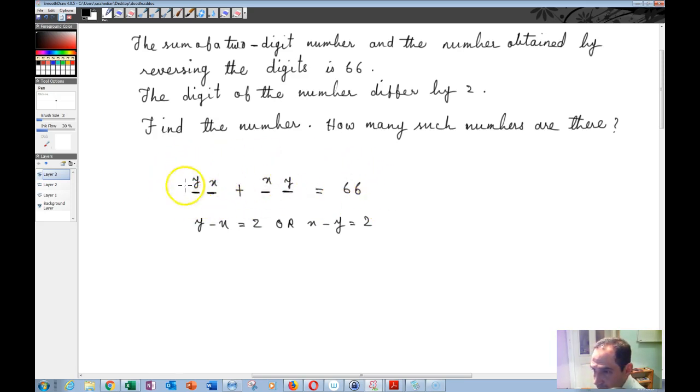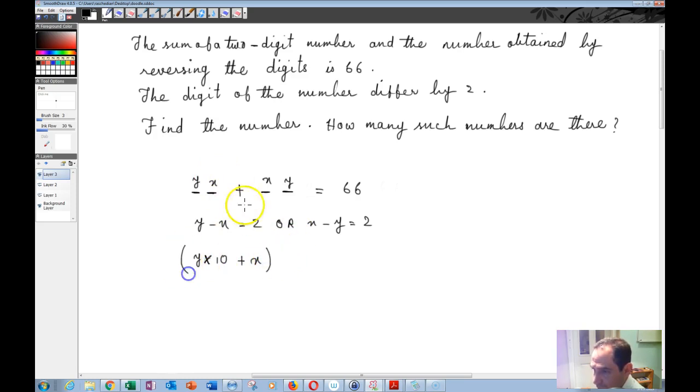So I have to write the value of the number based on these two variables. The value of this number would be, so this is the ones place and this is the tens place, y times 10 plus x times 1, which is basically x.